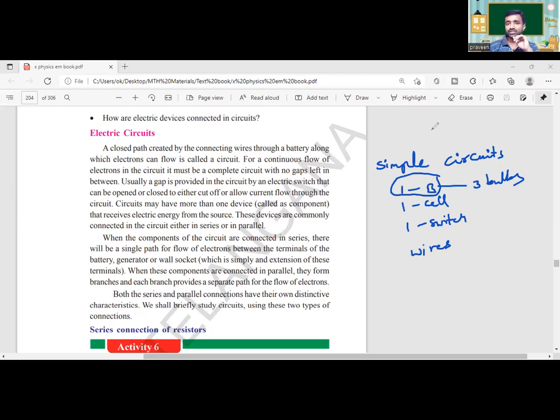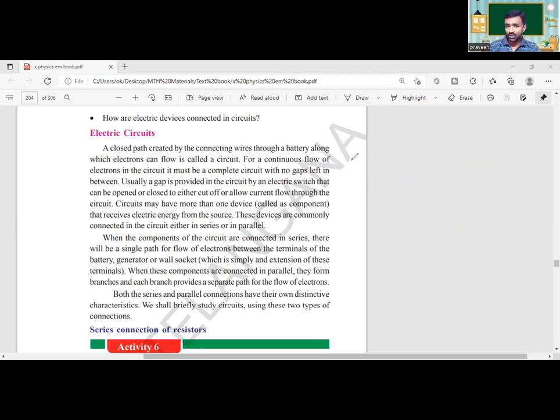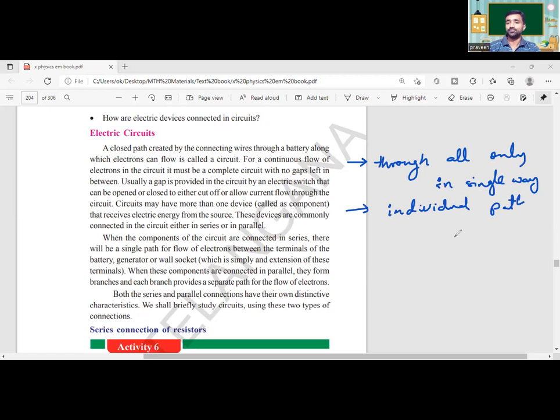Many possibilities are there. The current can be allowed through all the components in a single path, or through individual paths from the single source, or multiple paths.